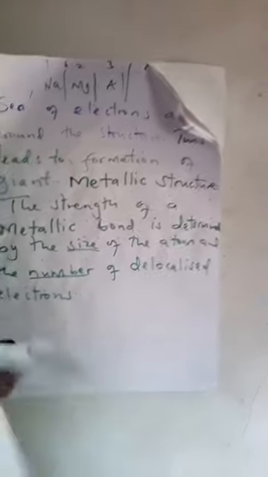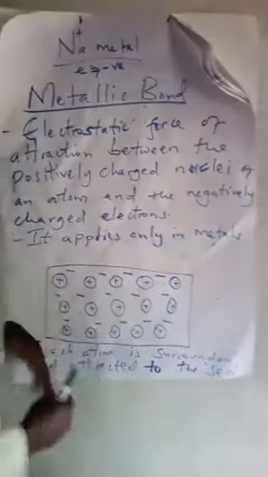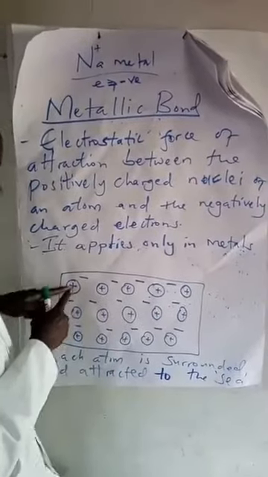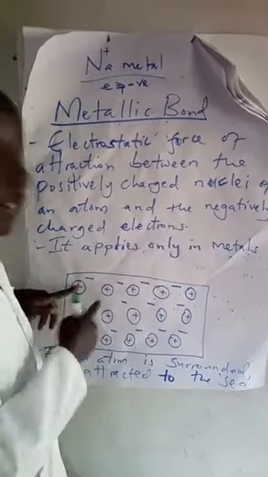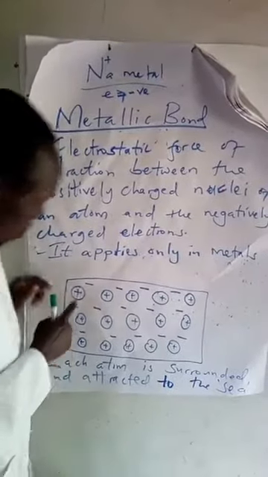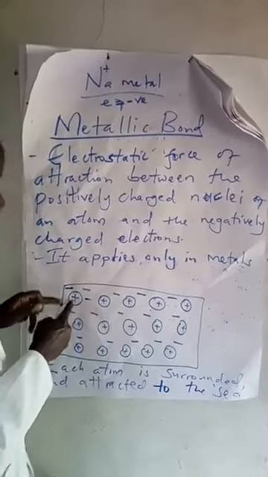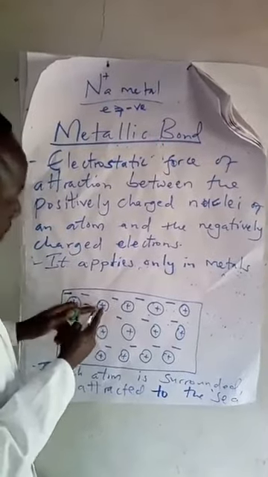In this illustration, for sodium, one atom gives up 1 electron. If it was aluminium, one atom will give out 3 electrons. So this one, 3 electrons, and this other one, 3 electrons.